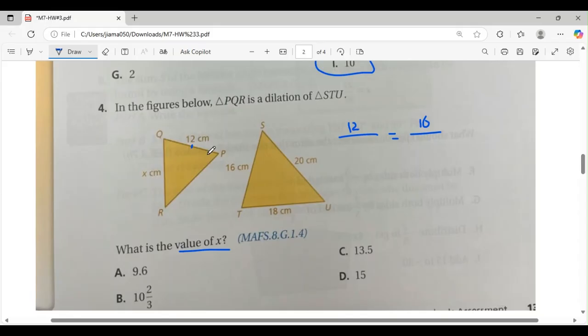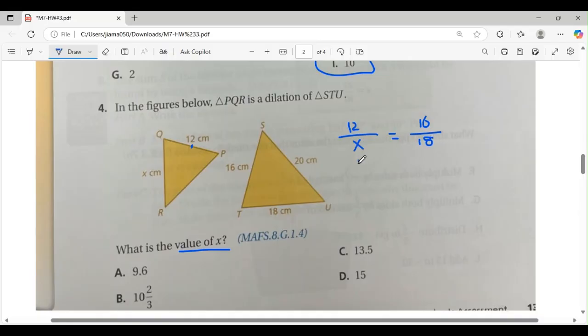Okay, so let's see the other side x, which is the value we should find. Let's write it below 12, and we should find the side that corresponds to x. Okay, so which is TU, 18.